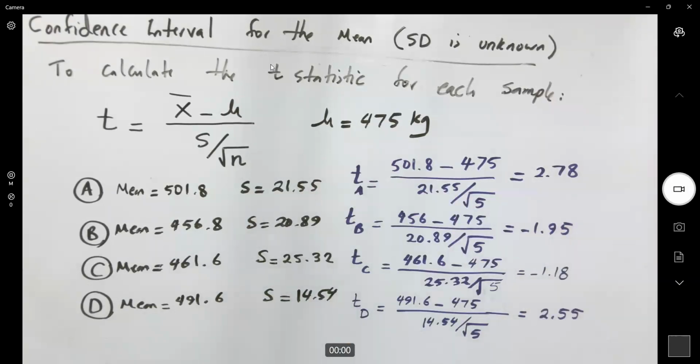Is it sample A mean, or sample B mean, sample C mean, or sample D mean?